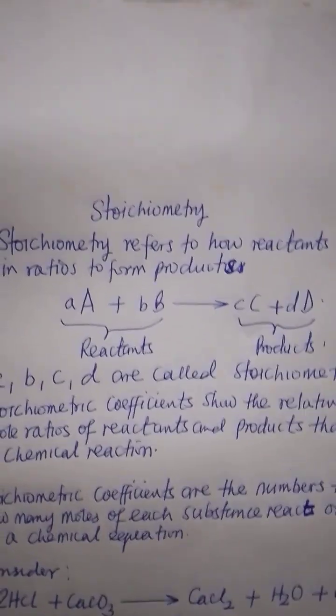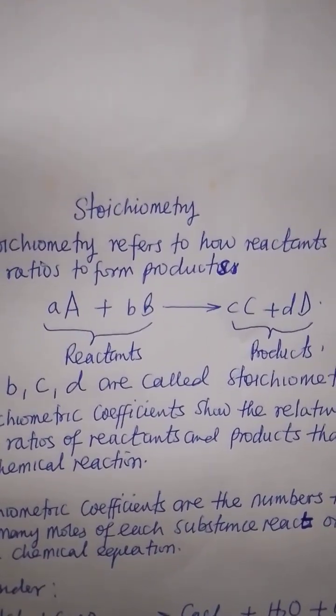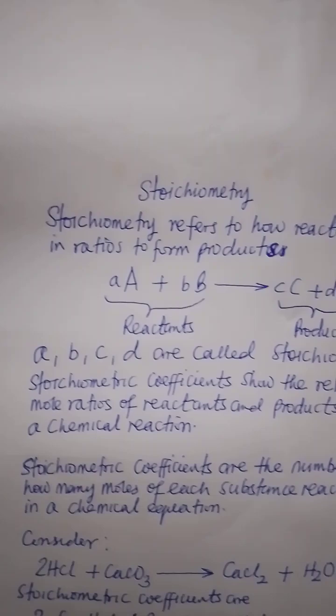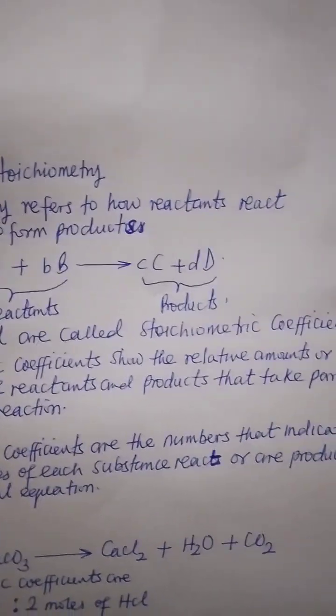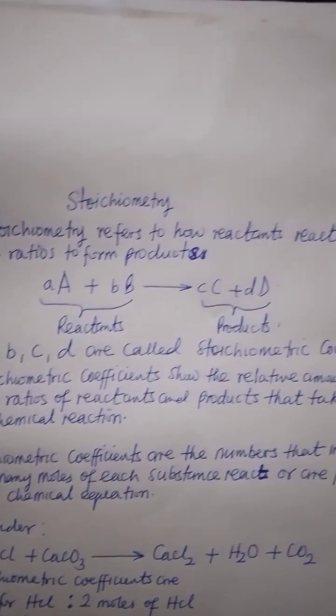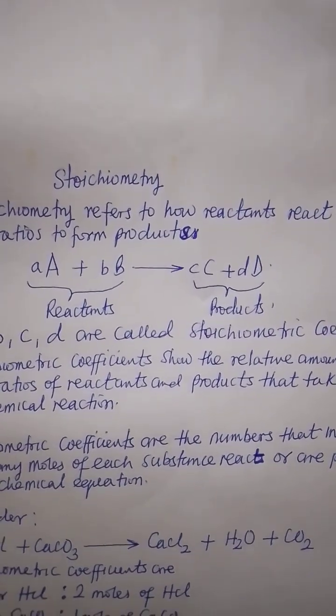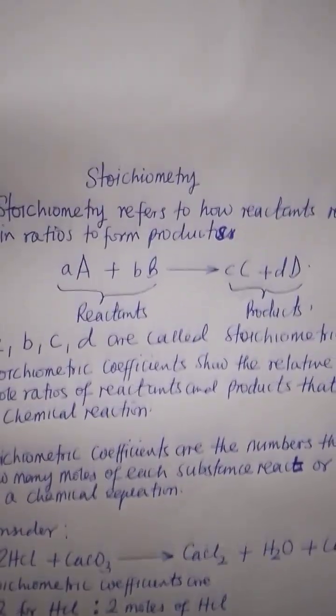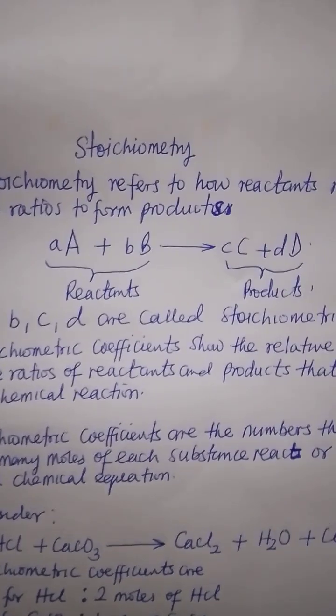What is stoichiometry? Stoichiometry refers to how reactants react in ratios to form products.